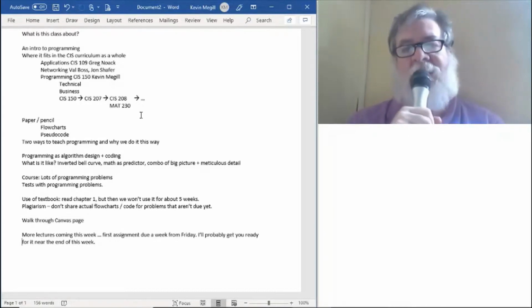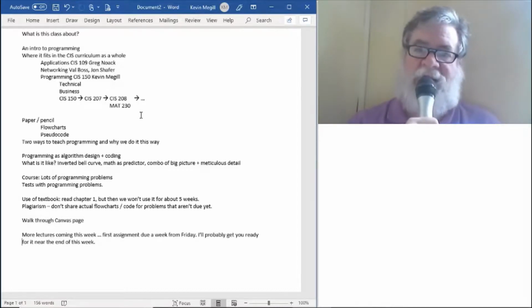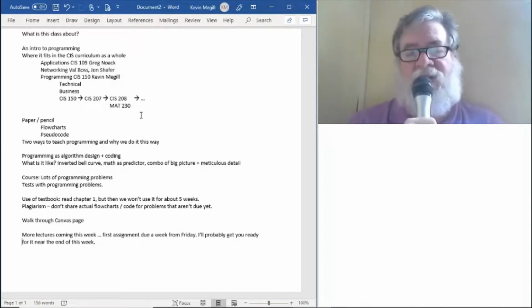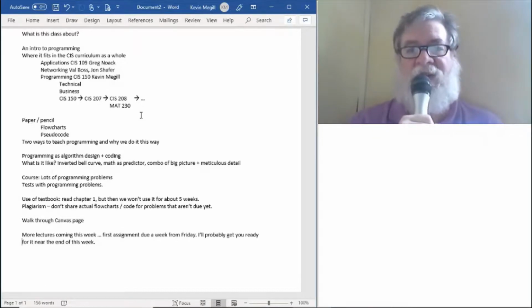But here's what goes on. Programming in general involves two different questions. It involves the question of how you design the program in the first place. That's called algorithm design. An algorithm is the plan or the strategy, the steps that your program is going to follow without talking specifically about how it's being stated. And then secondly, they have to do what's called coding it. To code a program or to code an algorithm is to take the steps you have in mind and actually put them into the language that you're using.